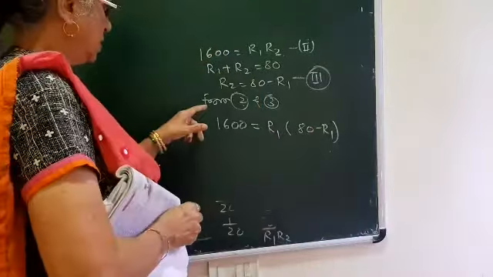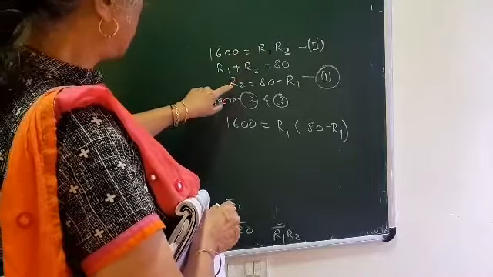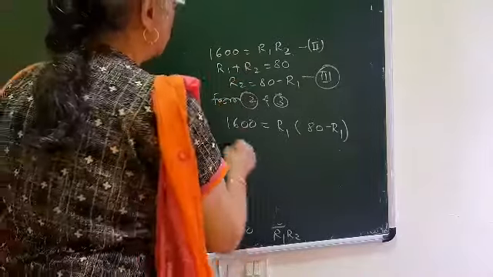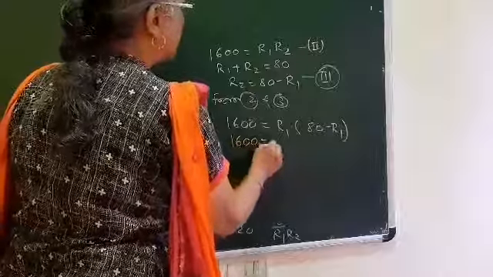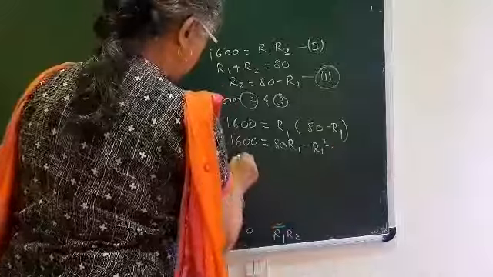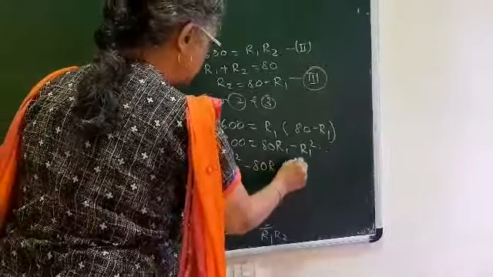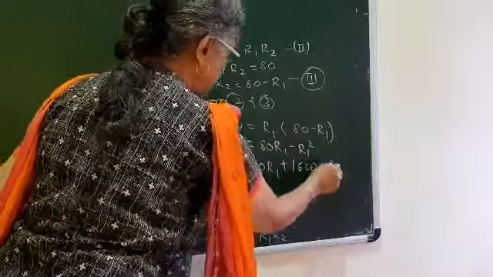What I have done, this 1600 is equal to R1 and I have put the value of R2 as 80 minus R1. So that will become a quadratic type equation. So we will have R1 square minus 80 R1 plus 1600 is equal to 0.